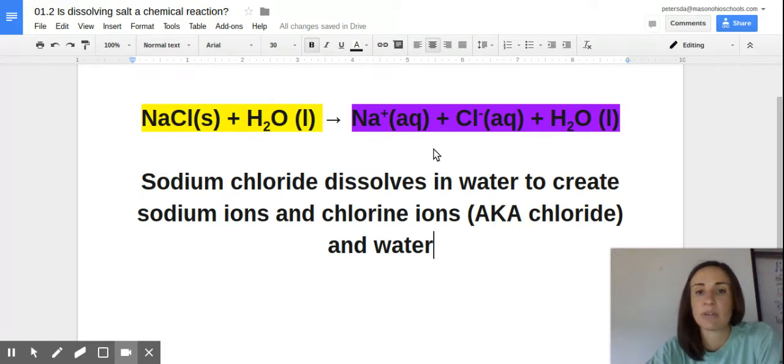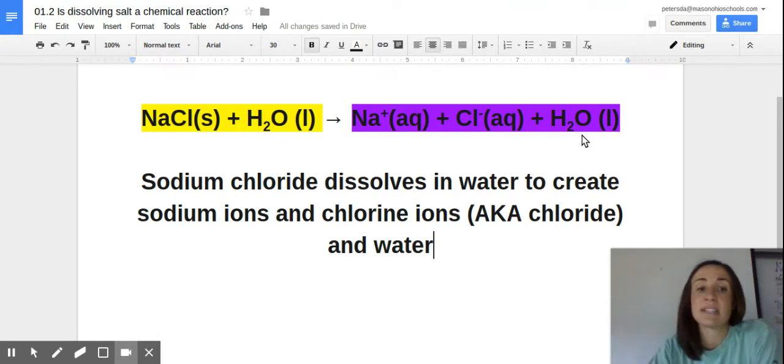So it's a water solution, and we also have water left over. The water has split apart the sodium chloride to make sodium ions and chloride ions.